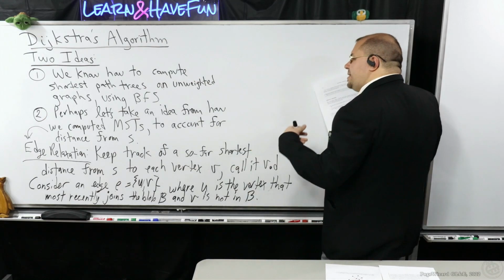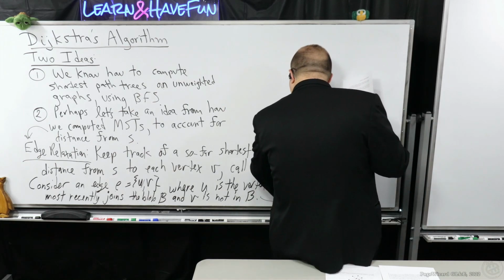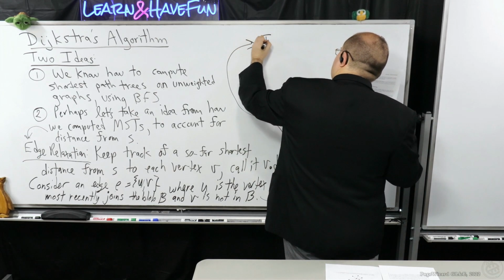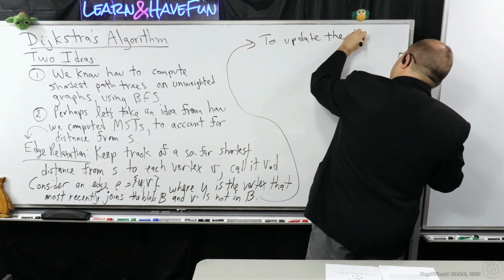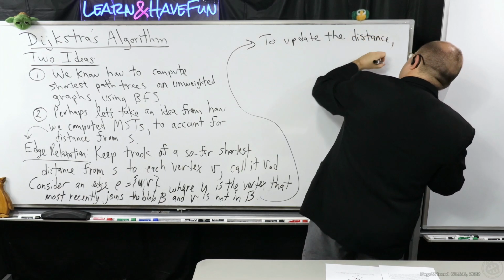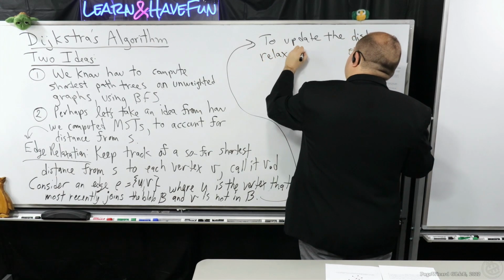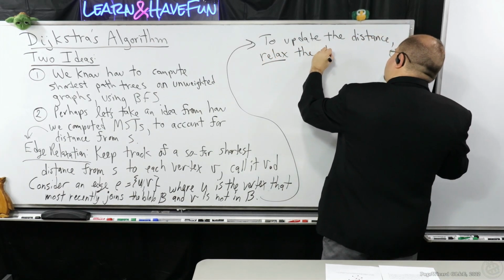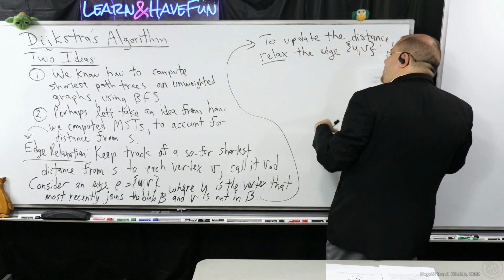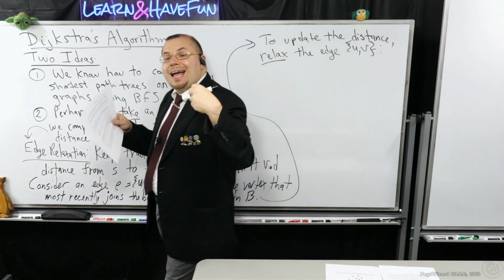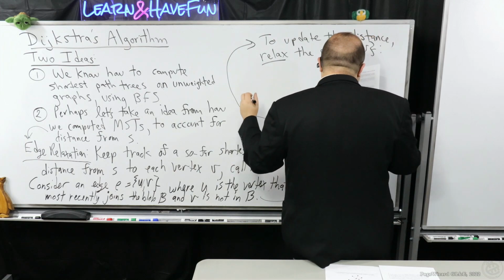To update the distance, what you do is you relax the edge UV. That's what we'll refer to it as. If we find a shorter distance, we relax the edge as follows. It must satisfy the following condition.